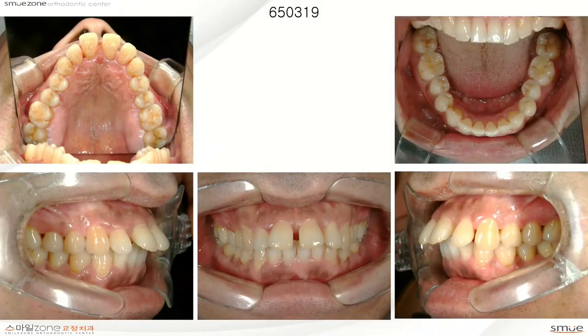Another big reason why we should use this is to minimize patient cooperation. Elder people like him, his anterior teeth protruded and space was generated.